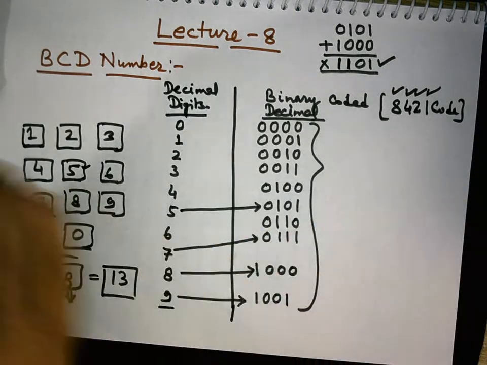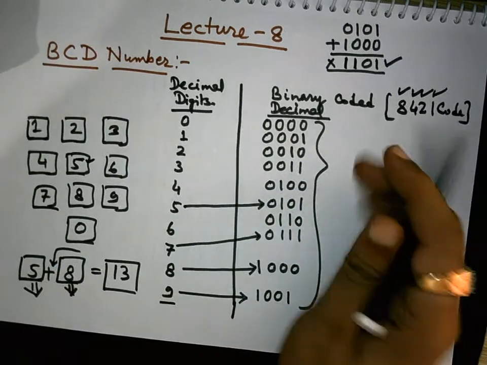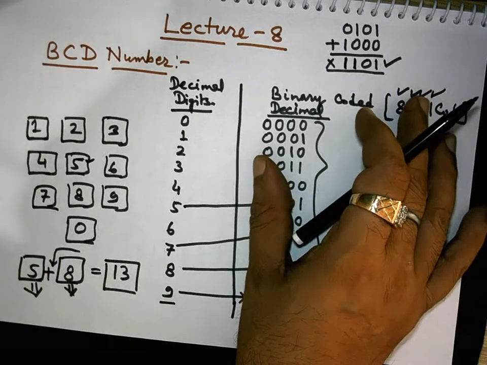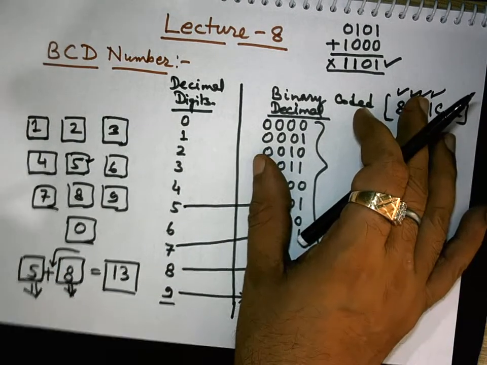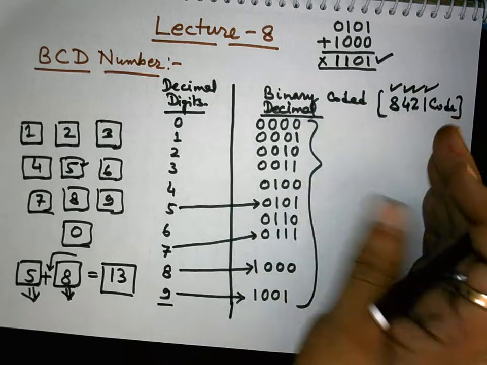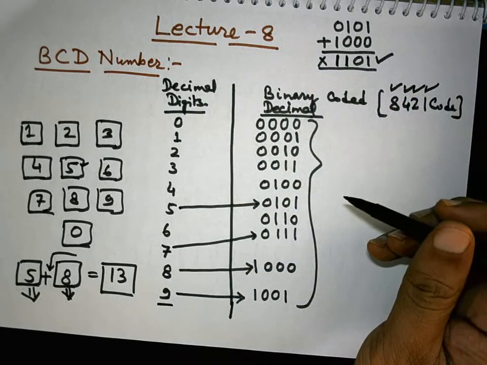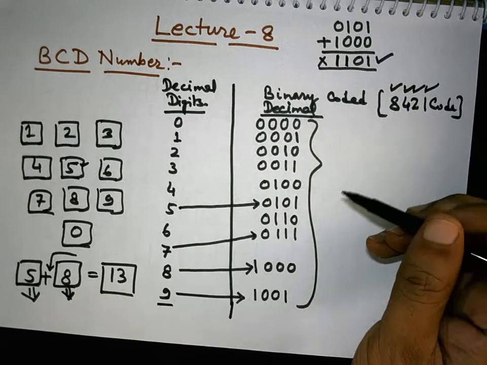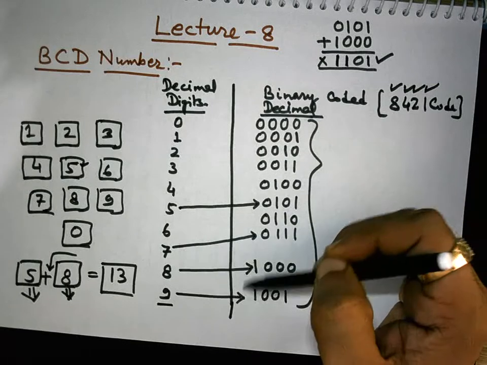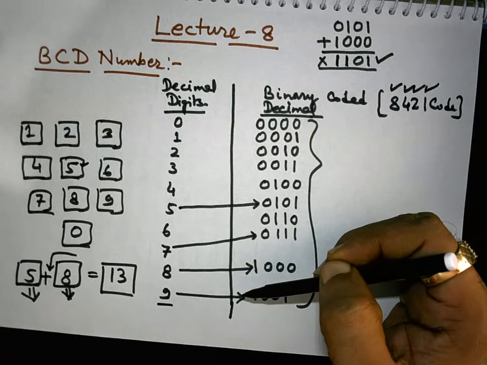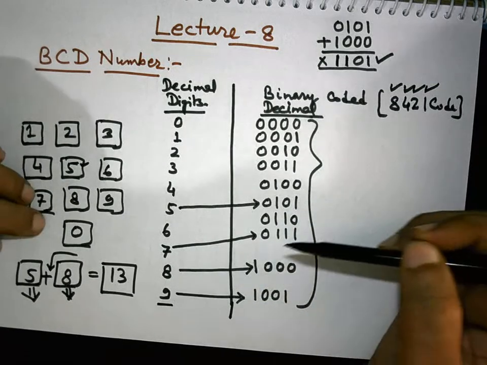So simply speaking, BCD is an 8421 type of code, and it represents the decimal digits from 0 through 9.